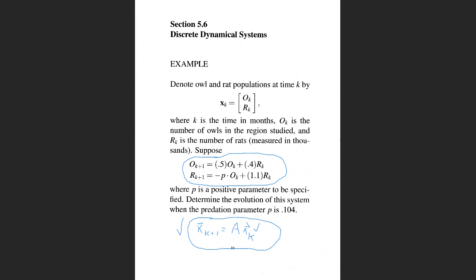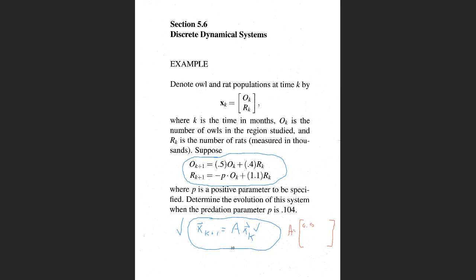So how am I going to find the matrix A? What composes A here? What's going to be the coefficients? Okay, what's the first number? 0.5, good.